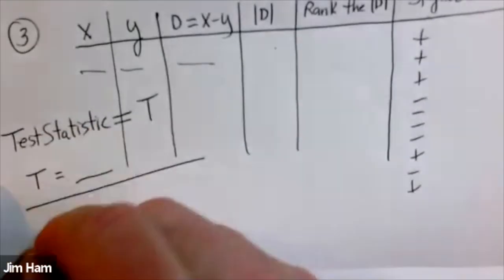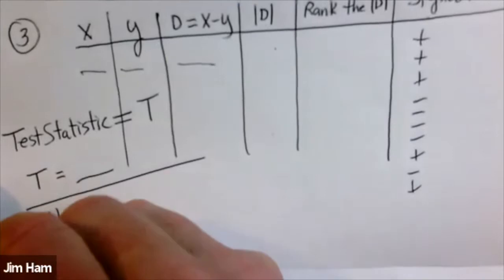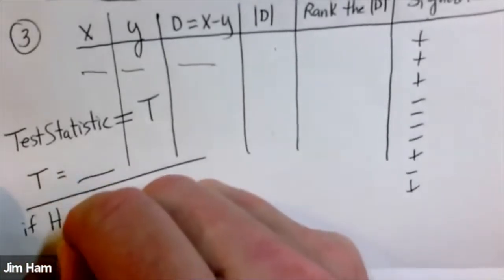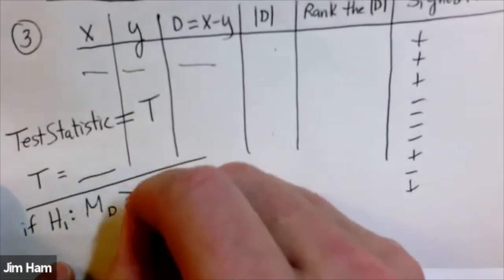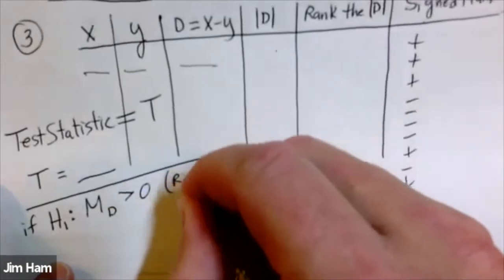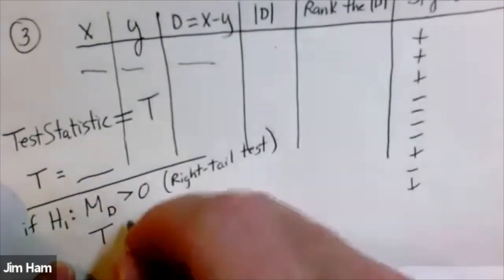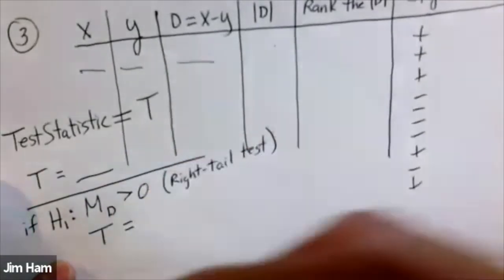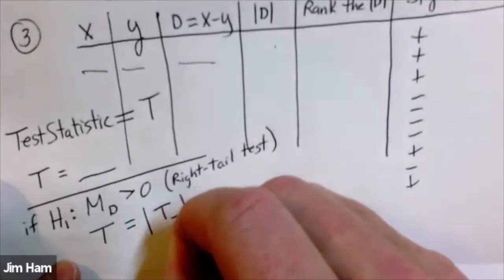So what is this one? Well, if you have an alternative hypothesis in which the median of the differences is greater than 0, we know this as a right-tailed test, then the test statistic in this case is going to equal the absolute value of T minus.